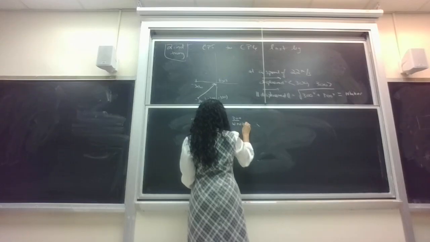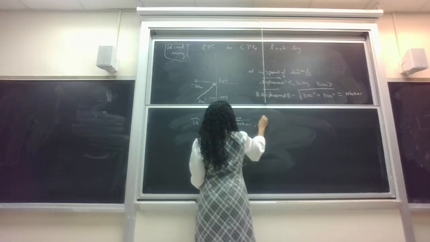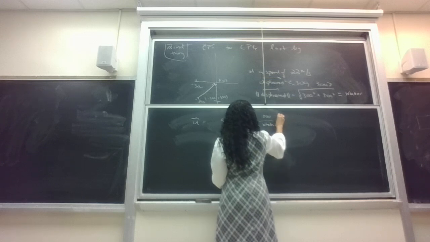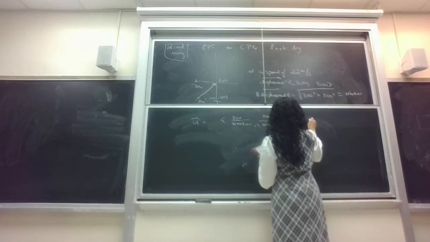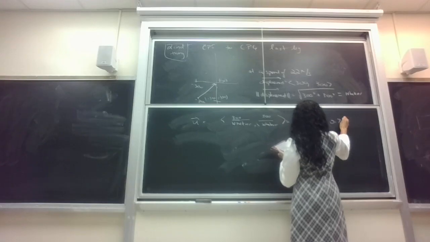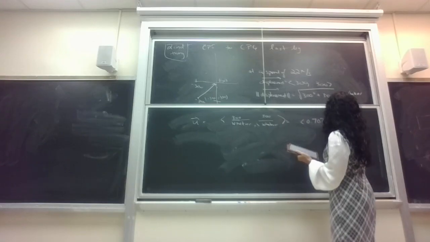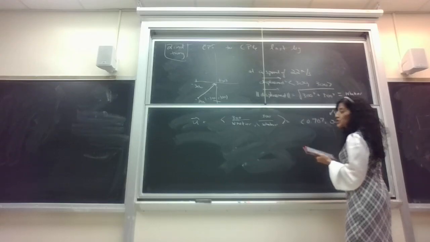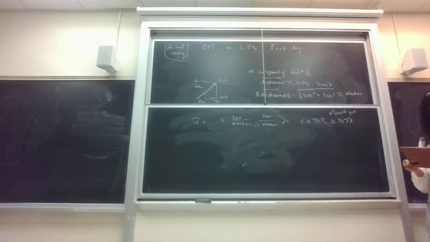I obviously did this on a calculator and just didn't keep track of my numbers. And you should get, as your answer, something like this, 0.707. Should get this. That's the unit vector.